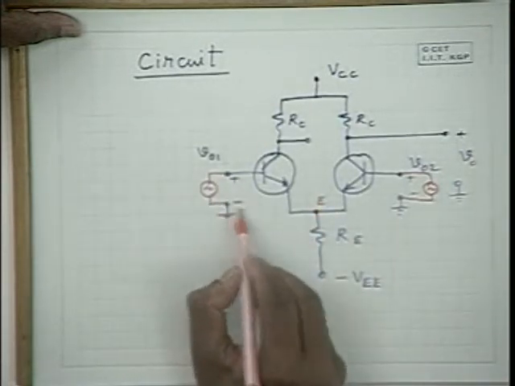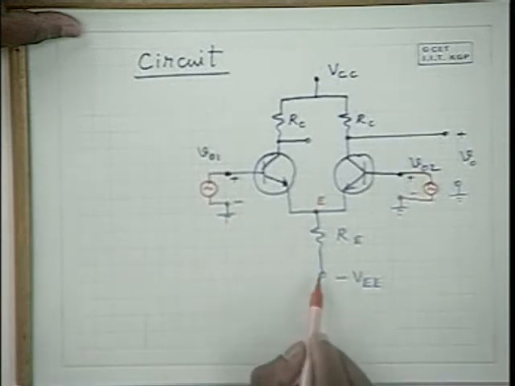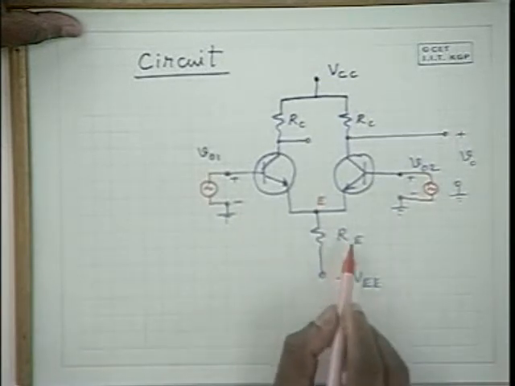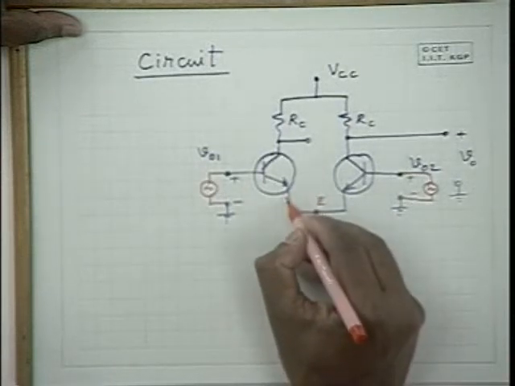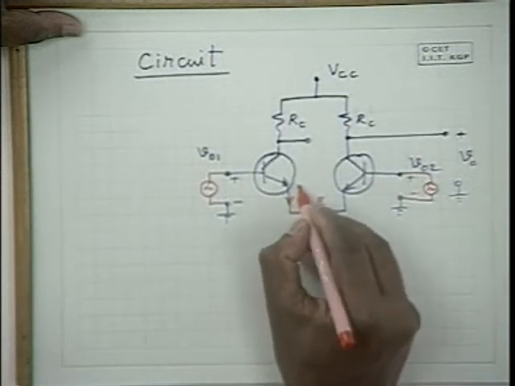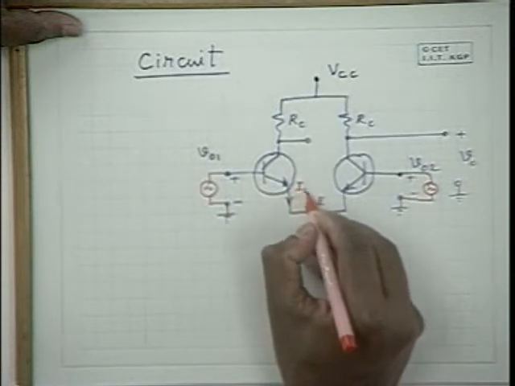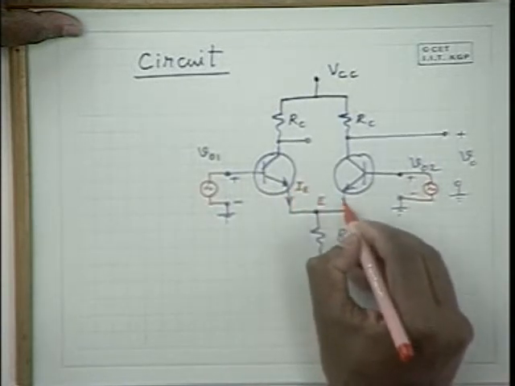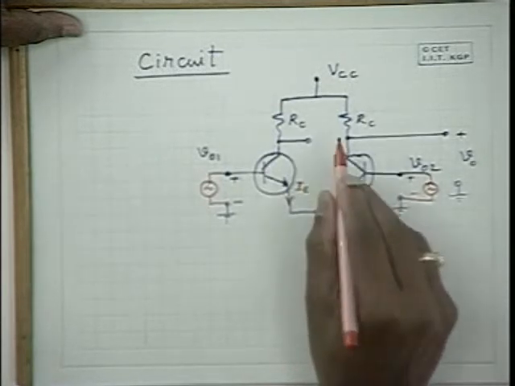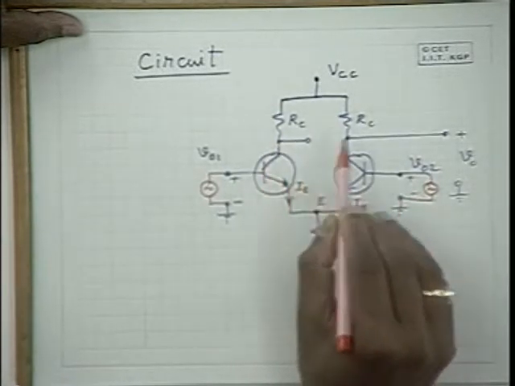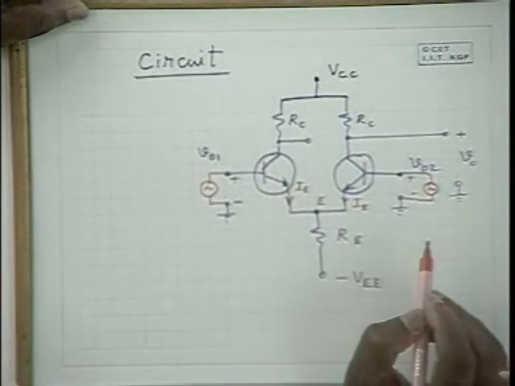This is 0 and this is minus VEE and this is RE, and assuming that these two transistors are identical, you have the same emitter current and collector current flowing through both, because the circuit is the same for both the transistors.